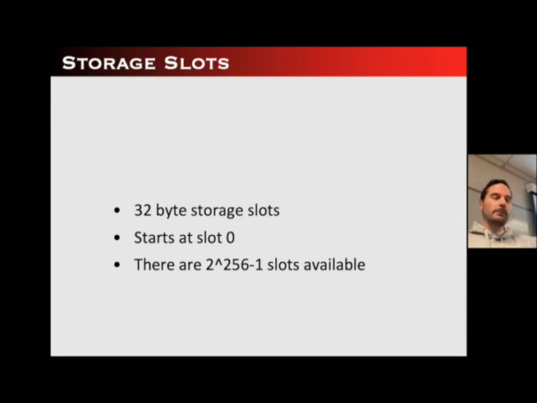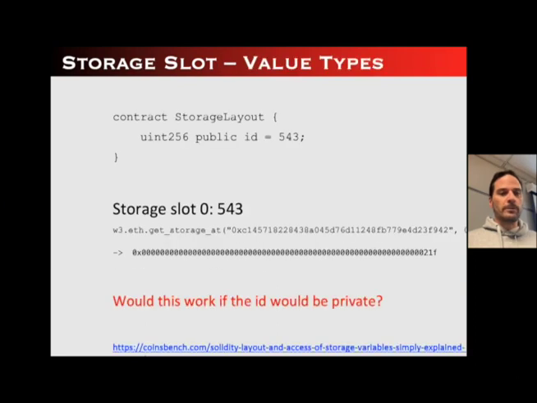So if you define 3 variables, first one is storage slot 0, second one 1, and then the third one is 2. And there's 2 to the power of 256 storage slots available, which is more atoms than in the universe. And so the way to think about it is essentially a gigantic hash table that then, of course, is unique to that particular contract. So there's a ton of storage slots available.